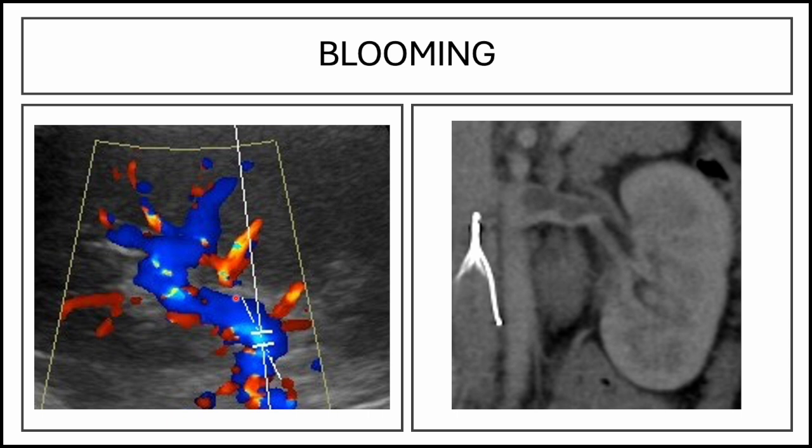So blooming artifact is really important to note. It's one of the limitations of color Doppler imaging to be able to assess whether there's thrombus within the vessel. Ways that we can reduce it are lowering the color gain, optimizing the pulse repetition frequency, using appropriate wall filter settings, and then zooming in or using a higher frequency probe for a better resolution.